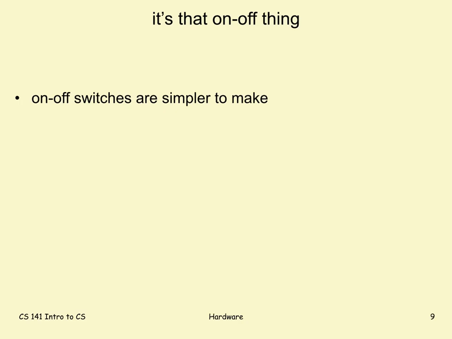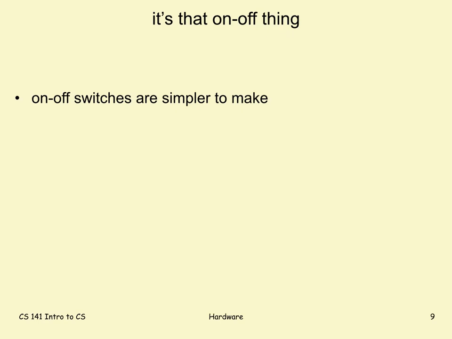A single transistor is an on-off switch. At a certain level of electrical current flow, it will inhibit the flow of electricity. You raise the flow of electricity just a little bit and it switches and it allows electricity to flow through it. So transistors are switches. And that's what everything is pretty much based on.